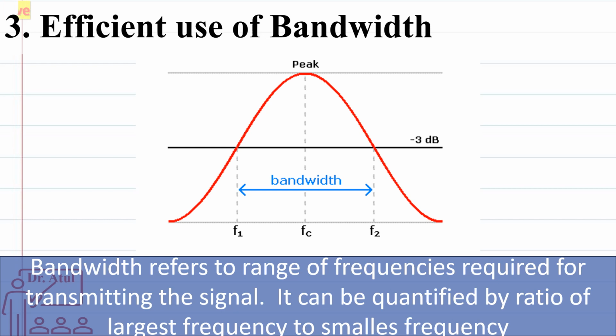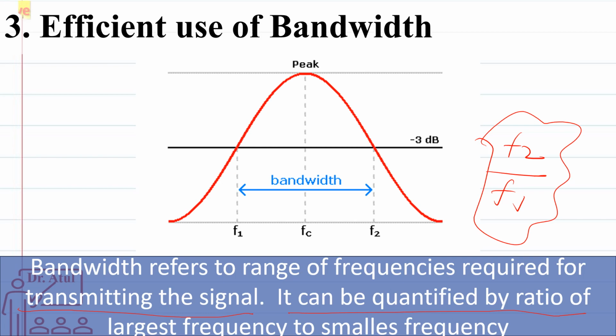That is the bandwidth of the audio signals that are coming to us. Bandwidth is the range of frequency required for transmitting a signal. It can be quantified by the ratio of the largest frequency f2 divided by f1. We will see this ratio will quantify the bandwidth of the signal.